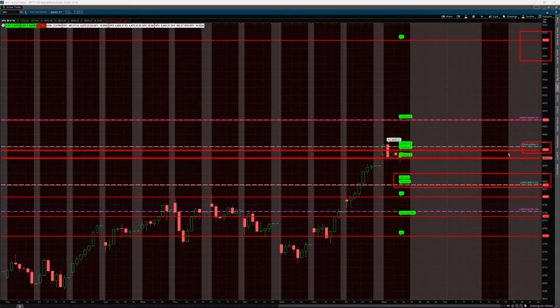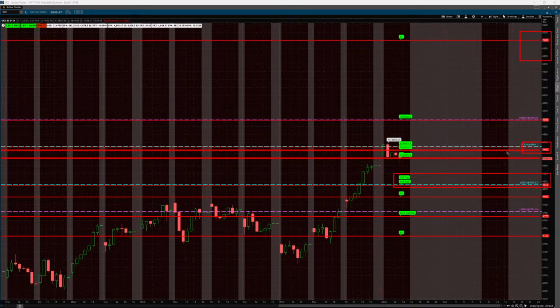So this is kind of an odd arrangement of gamma levels here. Note that the volatility trigger, put wall, and absolute gamma strike all shifted higher from Friday, so that's bullish. On the other hand, the call wall shifted lower, which I interpret as somewhat bearish.